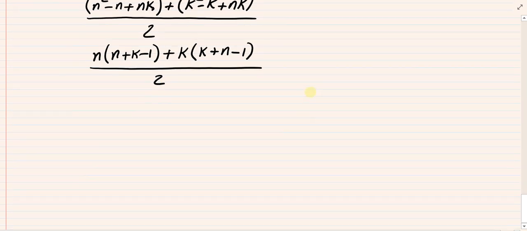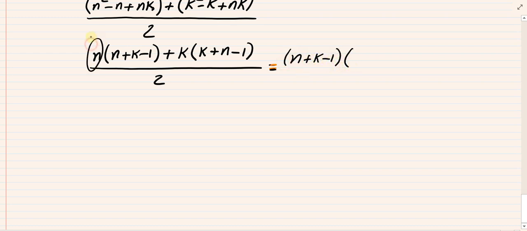Okay, now if you look at the trinomials, those two are the same, right? Except k and n are swapped out, but they're the same trinomials. So I'm going to factor the GCF. If I factor the GCF now, that's n plus k minus 1.